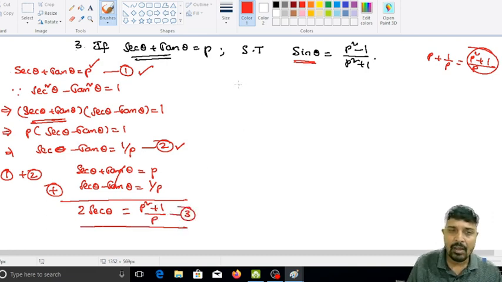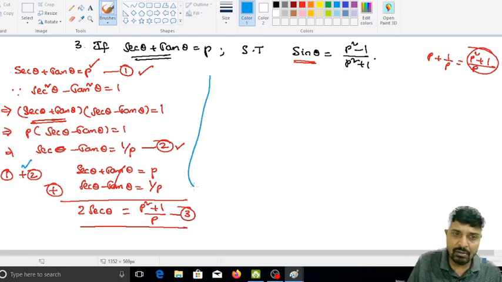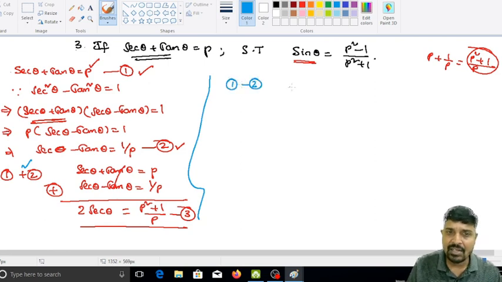Okay. Now we will go for equation number 1 minus equation number 2. We did 1 plus 2 already, here we will go for 1 minus 2. What is that? Sec theta plus tan theta is equal to p, and sec theta minus tan theta is equal to 1 by p.